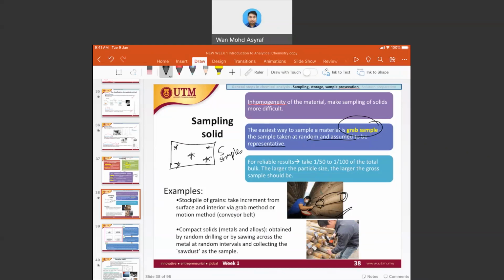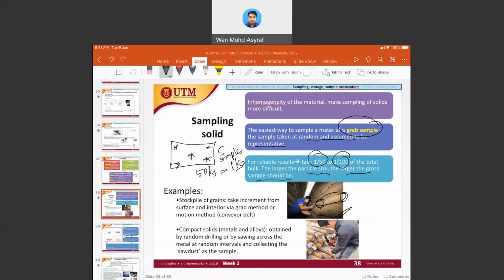Okay, for reliable results, usually we will take 1 over 50 to 1 over 100 of the total bulk. The larger the particle size, the larger the gross sample should be. For example, if the bulk is about 50 kilograms, then 1 over 50 means you should have a sample of about 1 kilogram.